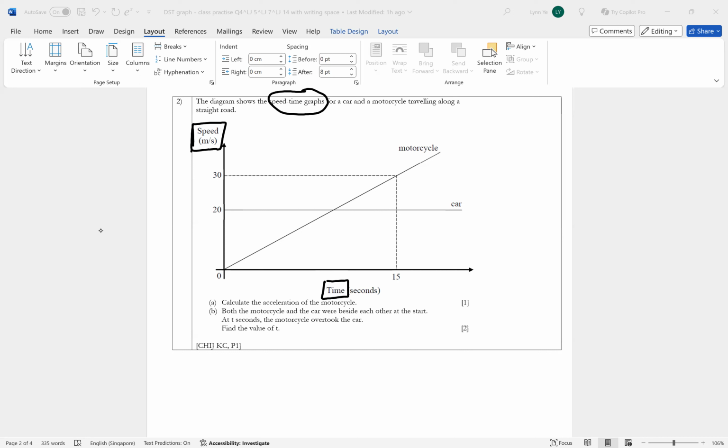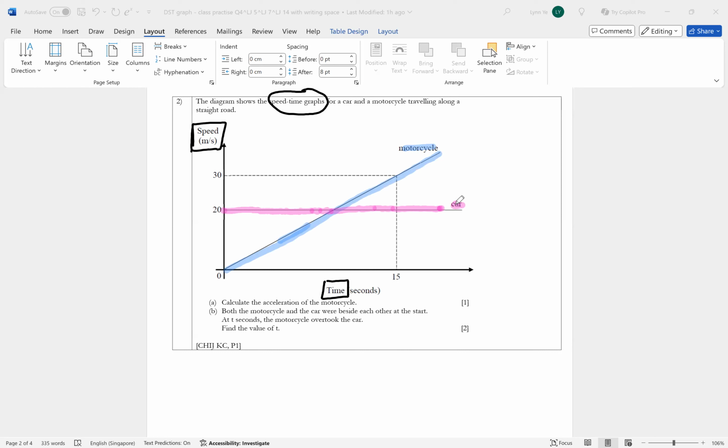So as usual, I'm going to highlight my motorcycle in one color so I can visualize better. And then after I'm going to highlight the car in another color. So I have motorcycle in one color and car in the other color.